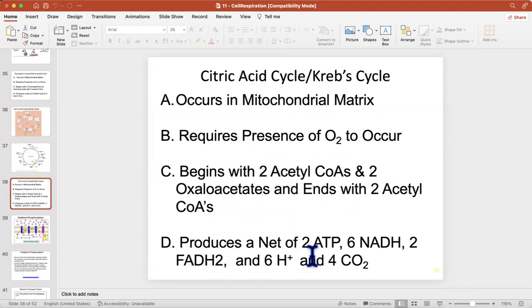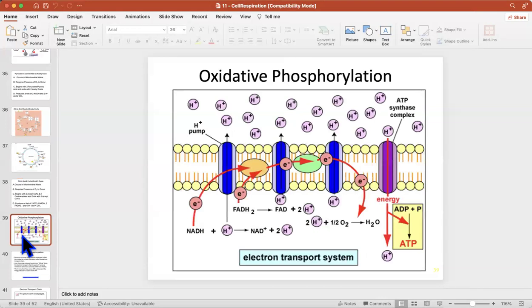Let's look at this part: 2 ATP, 6 NADH, 2 FADH2, 6 protons, and 4 CO2. Those 6 NADH and 2 FADH2 eventually go to the last step, oxidative phosphorylation, also in the mitochondria.